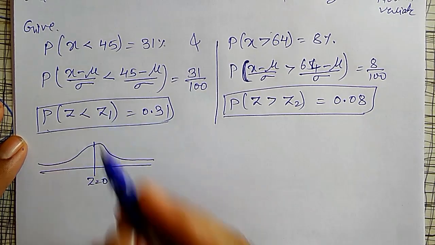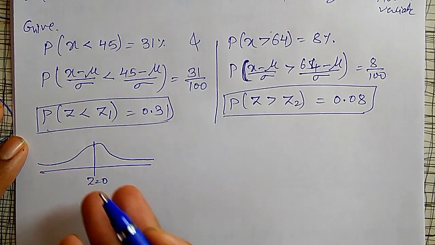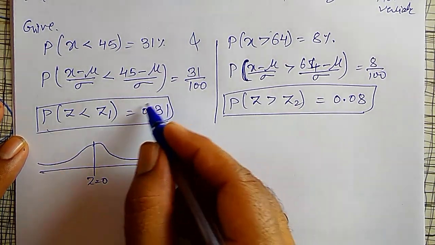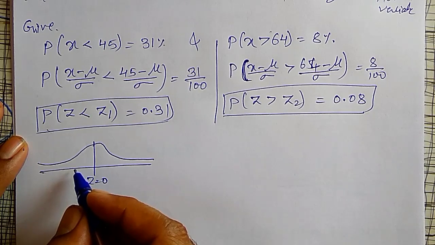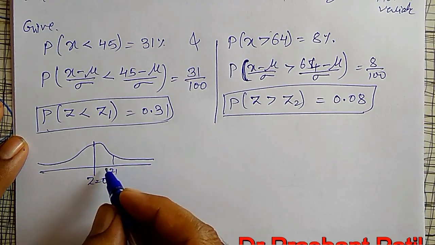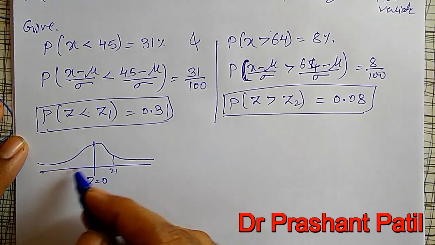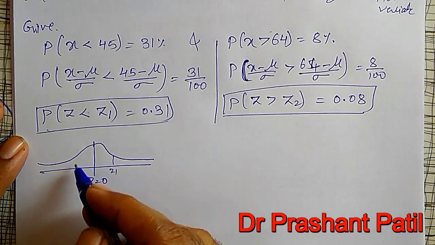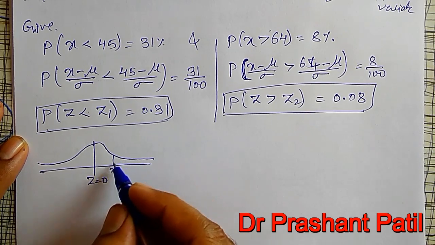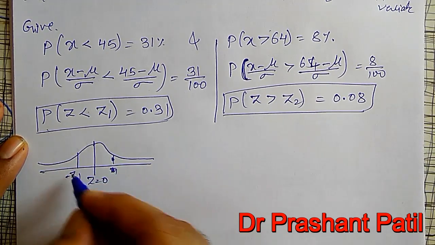Z is less than z1 here, so z lies on the positive side or negative side, I don't know. But using this 0.31, if I choose positive z1, then this area plus this area is this, but this area itself is 0.5. Therefore, I cannot choose z1 on the positive side. The important thing is I have to choose z1 on the negative side only.